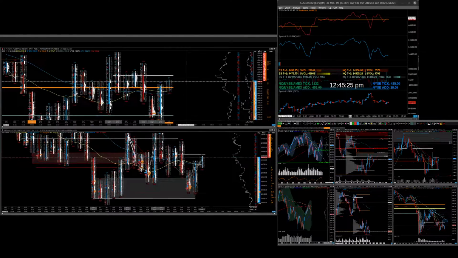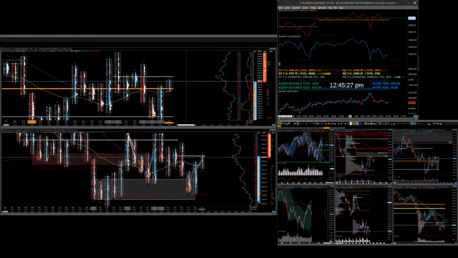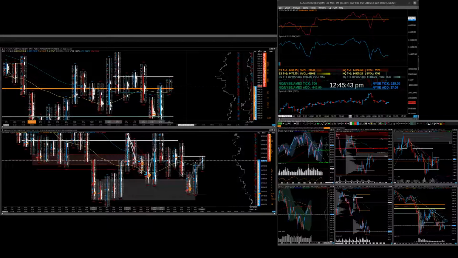Oh, okay. There you go. Now the NQ is down 200 points. So that's 4 grand on the sim.